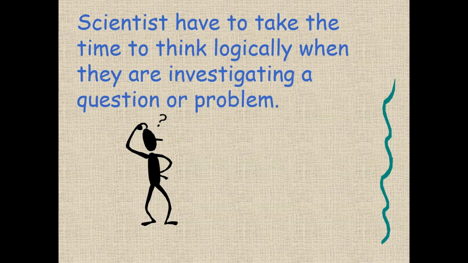Scientists have to take the time to think logically when they are investigating a question or problem. Do not forget, I told you in the beginning, the scientific method is a logical approach to solve a problem. This approach is applied step by step, and we know those six steps we just touched on.